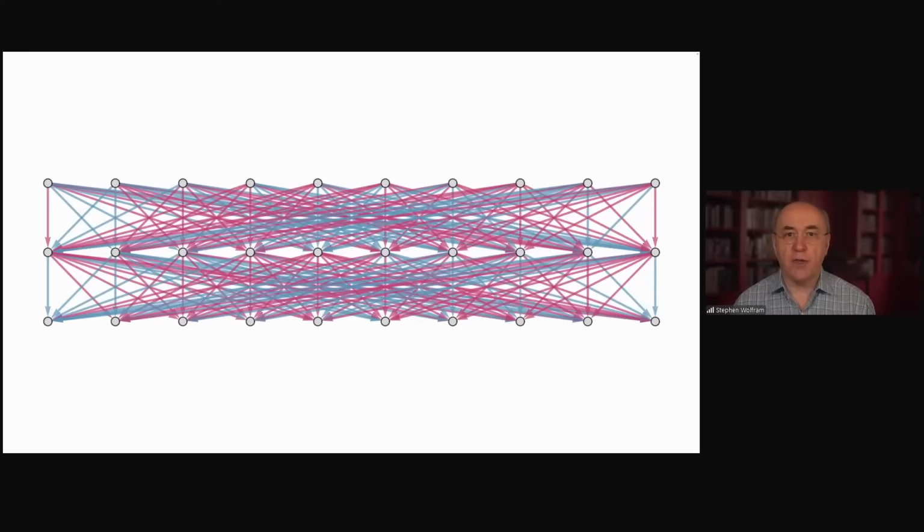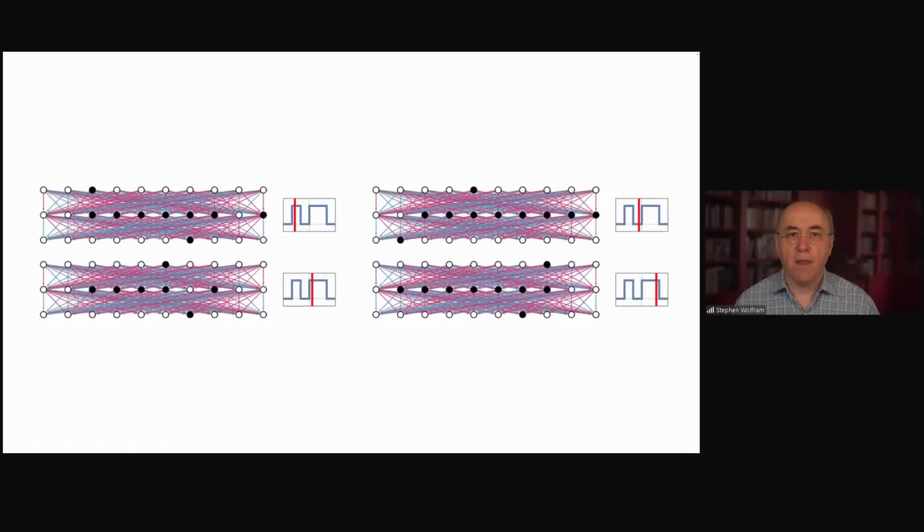So with the one-hot encoding of input and output that we used before for our function f of x, here are some examples of how this network evaluates our function. Remember that the value of x is determined by which cell was black on the initial state, and the value of f of x by which cell is black on the final state.